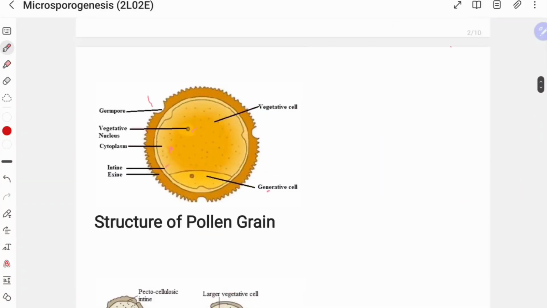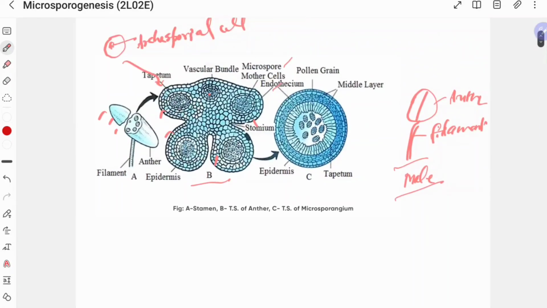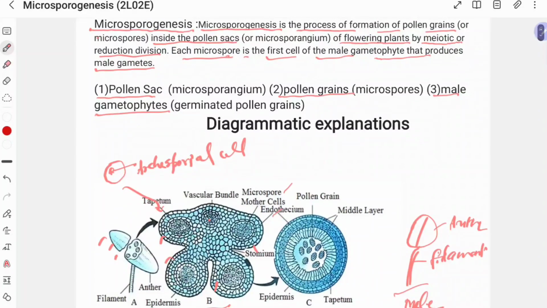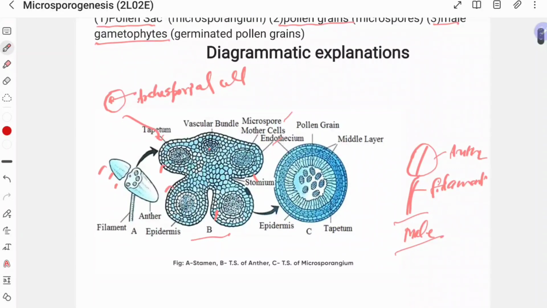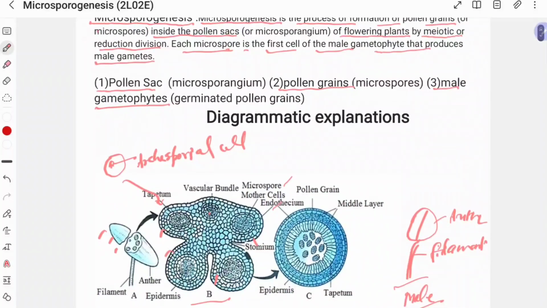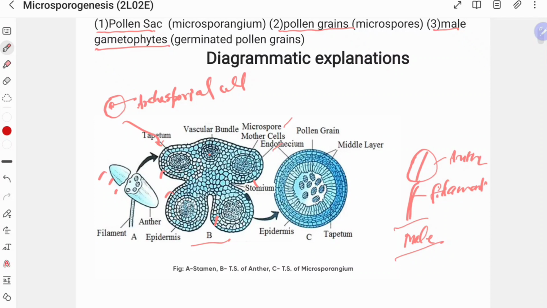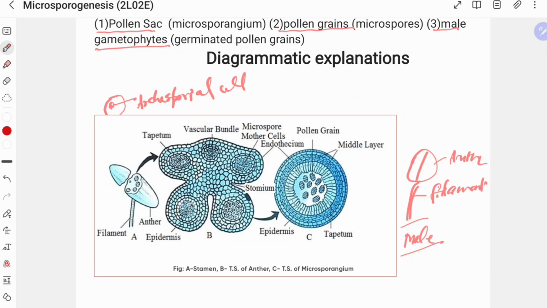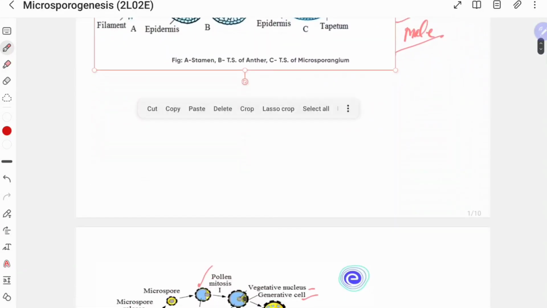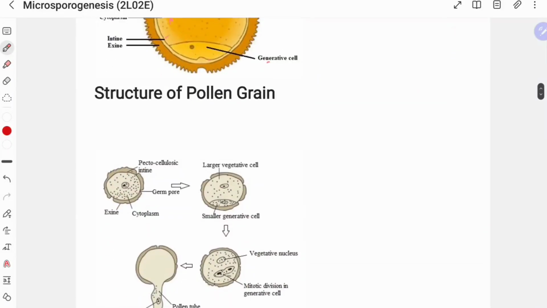So students, you see the diagram. I tried my best to explain diagrammatically how the pollen sac and pollen grains are developed. One thing I want to say: endothecium and tapetum cells are both found inside the pollen sac.